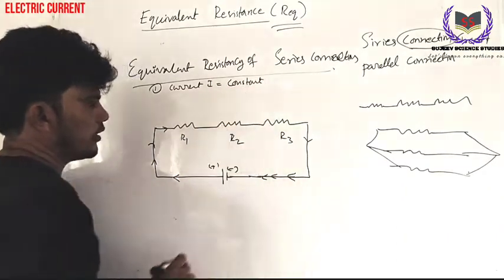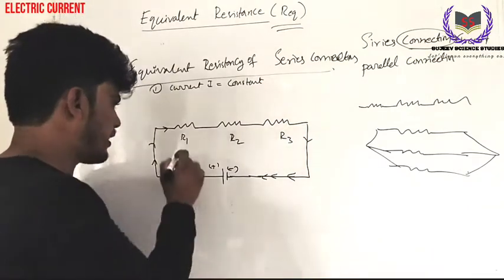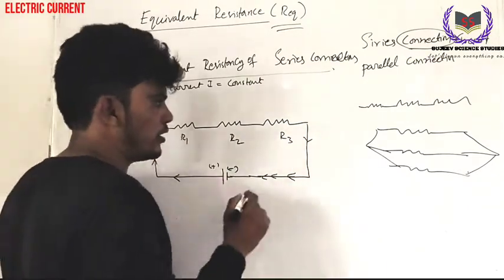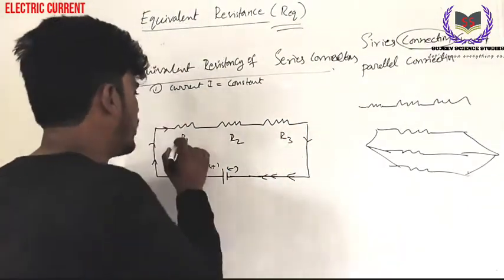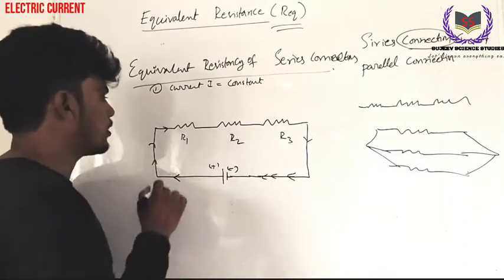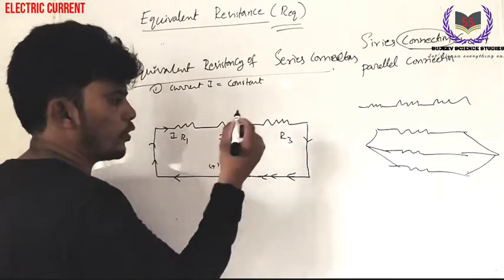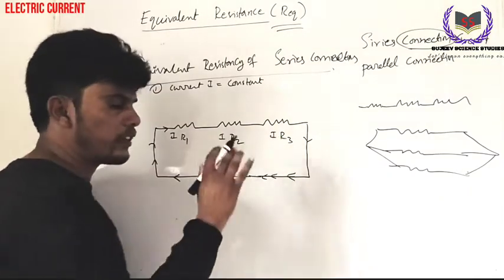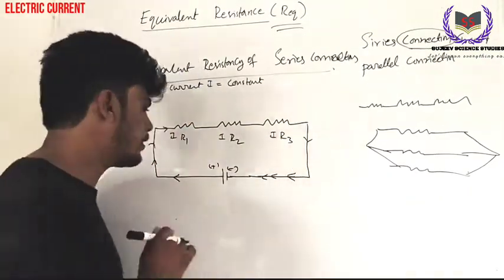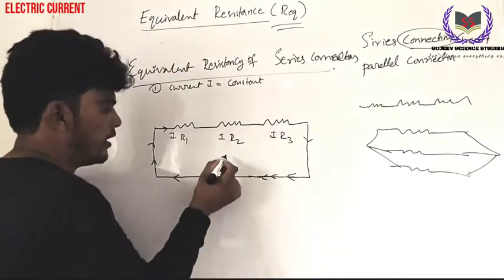There is no difference in the current at resistor 1, resistor 2, or resistor 3. What is the current here? I. What is the current here? I. What is the current here? I. So the current is the same for all the resistors. Are you clear?